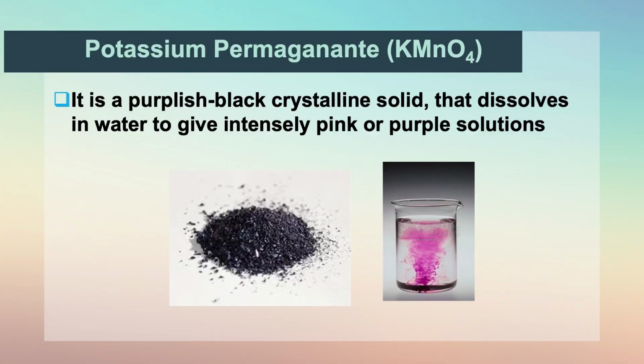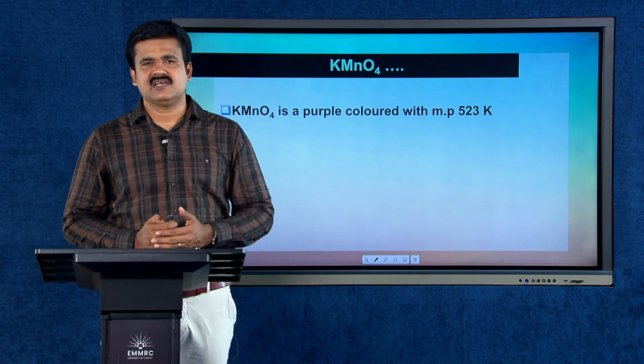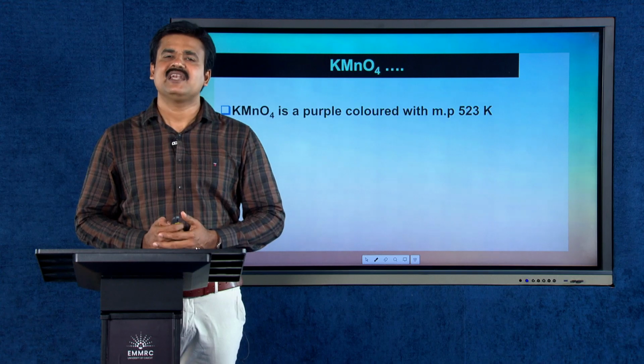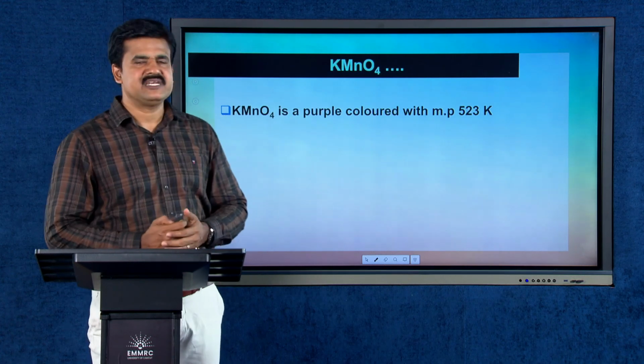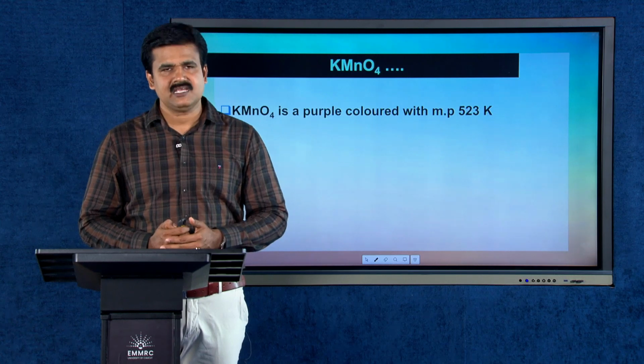This is the image showing solid potassium permanganate and a solution of potassium permanganate in water. Now, potassium permanganate is a purple colored material. As I just mentioned, it is associated with a melting point of 523 Kelvin. That is, it is thermally stable up to 523 Kelvin.